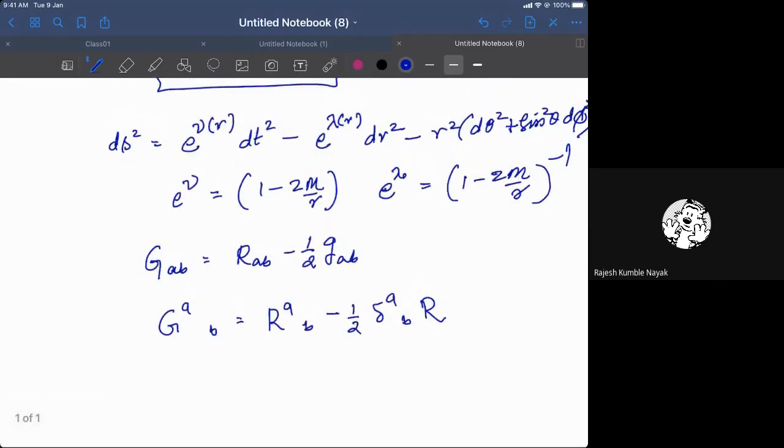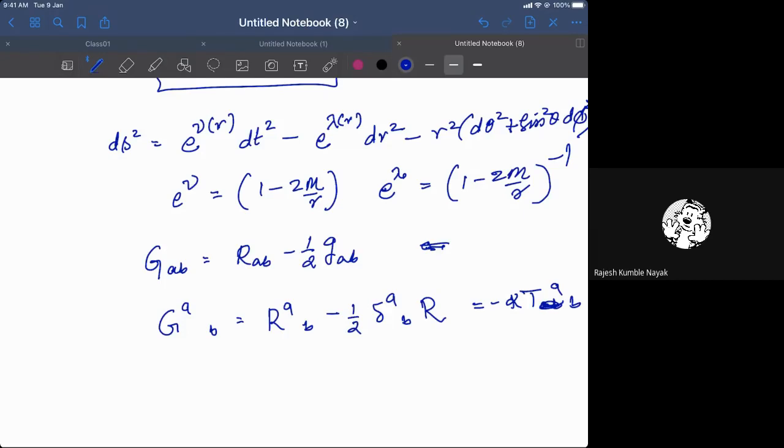You can see that the equation gets a lot simpler. Otherwise, you can calculate this directly, and then you see that there are some extra terms which would go away, and this is equal to minus kappa times T_AB.